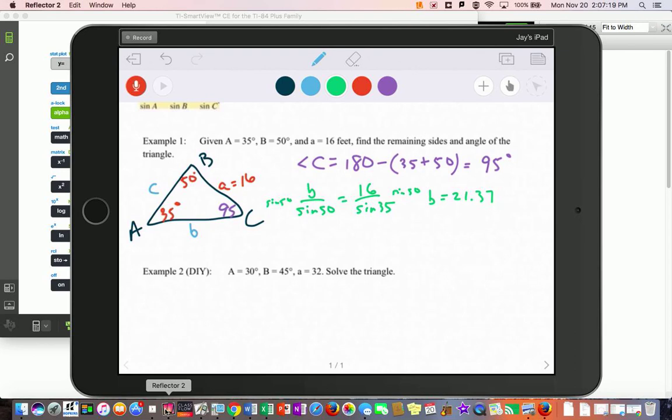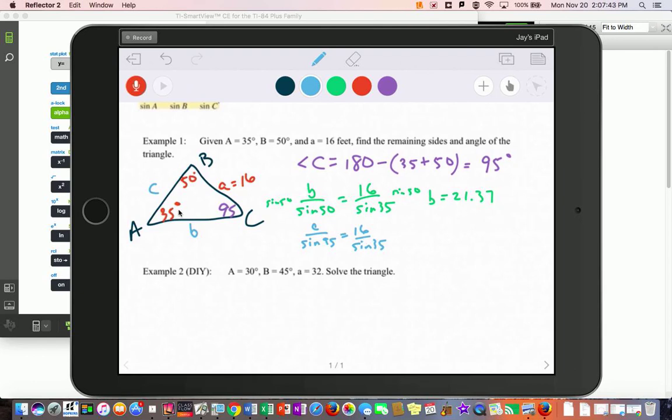Then we can do the same thing for finding c. Because I know both the angle for B and the side b, I could use these two. But if this is wrong, then I'm going to get this wrong here.